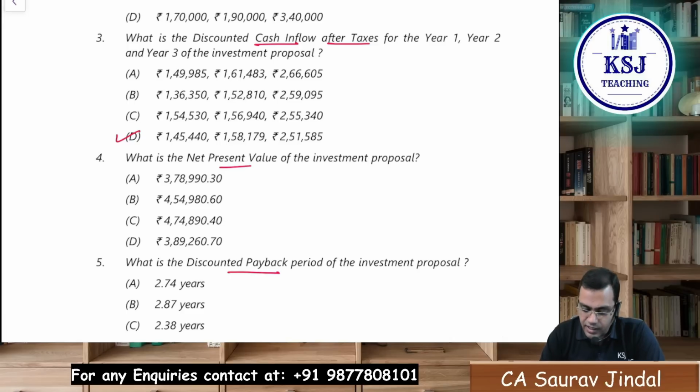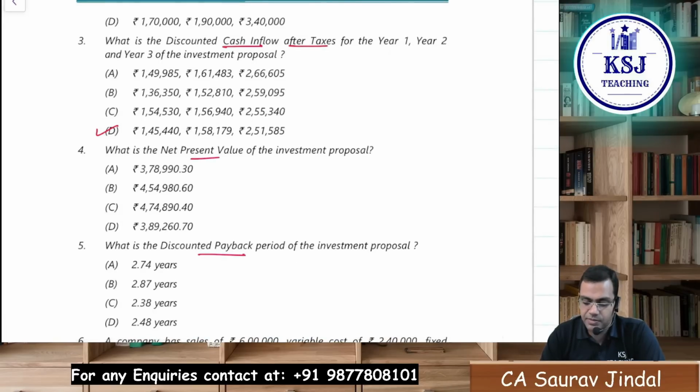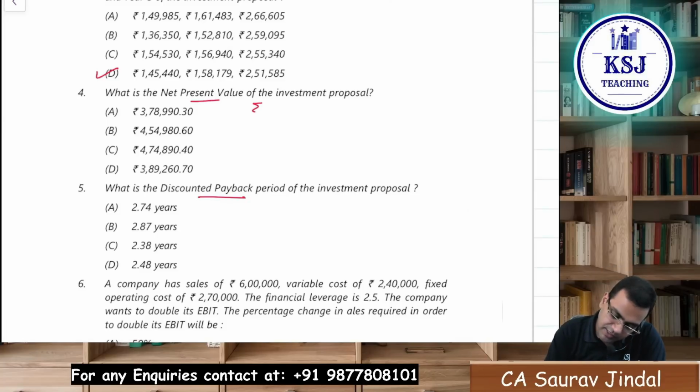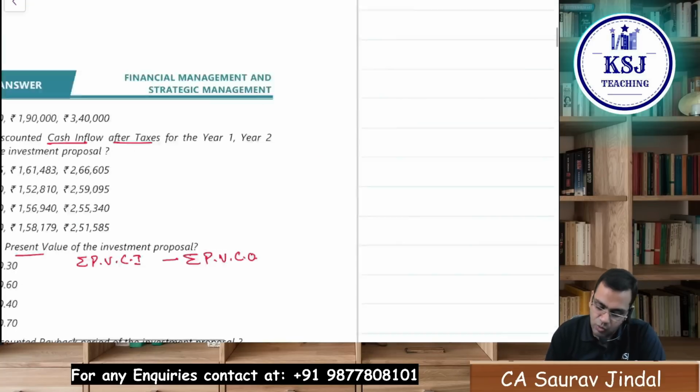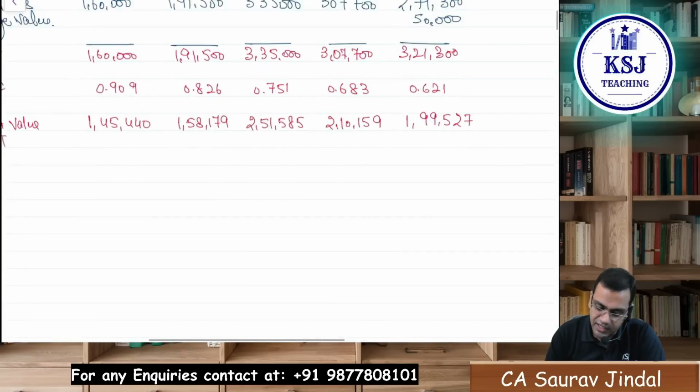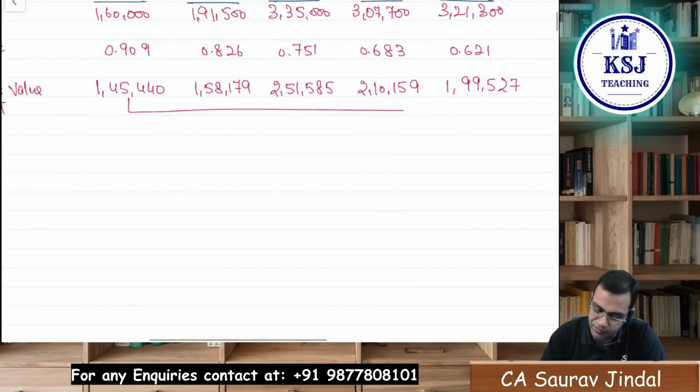Now, next is asking for the net present value. What is net present value? It is the sum of present value of cash inflows minus the sum of present value of cash outflows. What is the sum of present value of cash inflows? Very easy, sir. Take the sum of all this. It will come to 9,64,890.